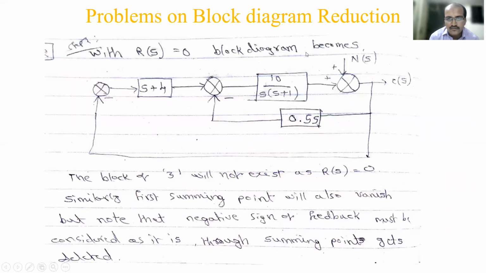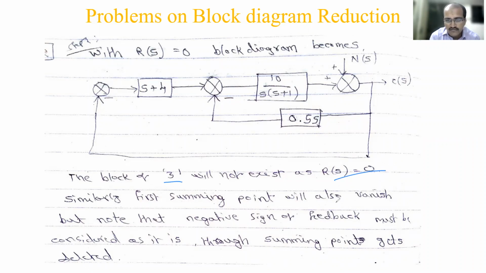With R of S equal to 0, the block diagram becomes like this: see here, the above part has gone and this R of S part is also gone. I have shown just the summing point. Normally a block diagram does not look like that, but to show you how we will simplify it. The block of 3 remains as it is. It is eliminated as it will not exist since R of S is equal to 0.